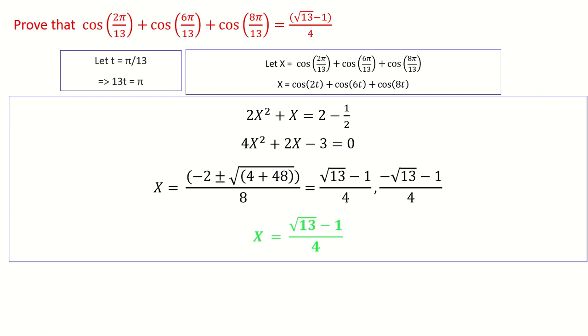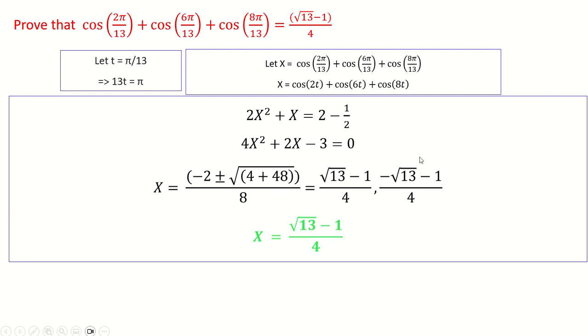The equation will become 4x square plus 2x minus 3 equal to 0. So the quadratic equation roots are minus 2 plus or minus square root of 4 plus 48, divided by 8, which is nothing but square root of 13 minus 1 by 4, or minus square root of 13 minus 1 by 4.